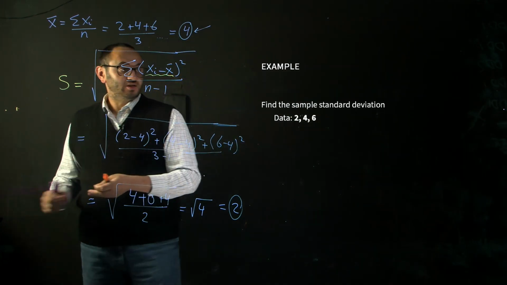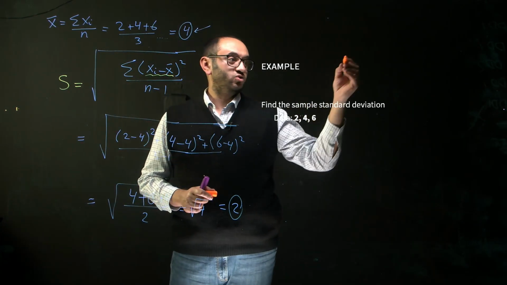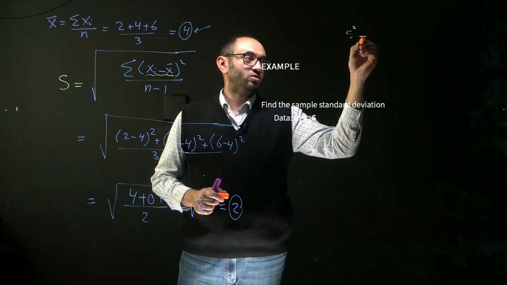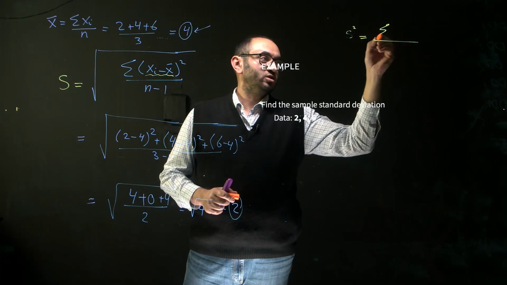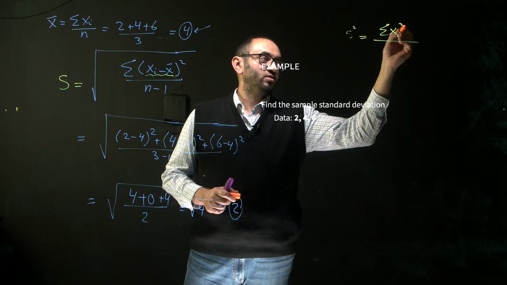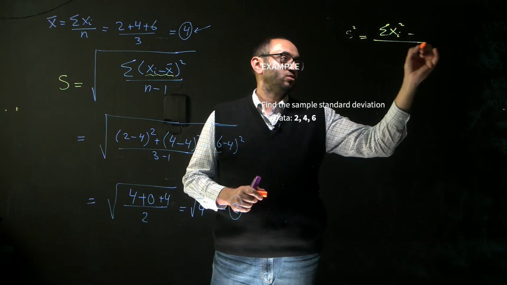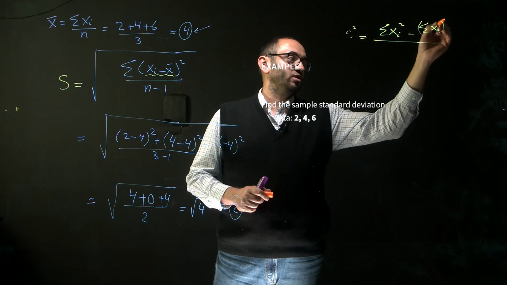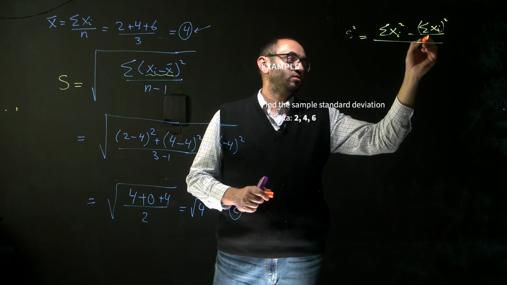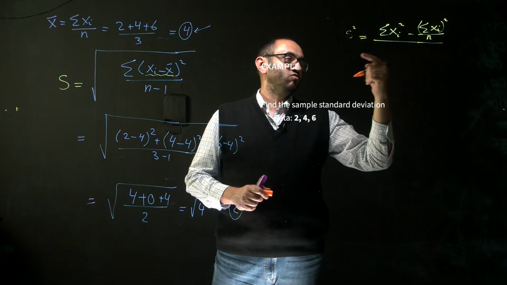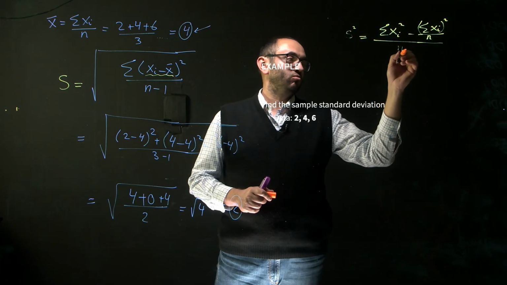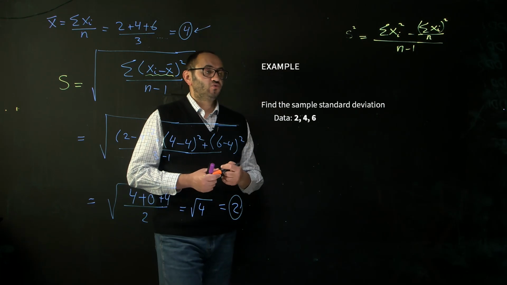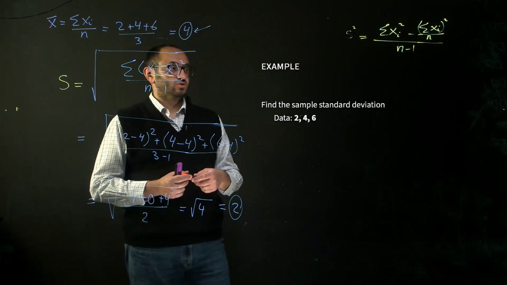The formula says S square, or the variance, equals summation xi square minus summation xi, everything square, over n, and we divide the entire fraction by n minus 1. So this is another way to find the variance.